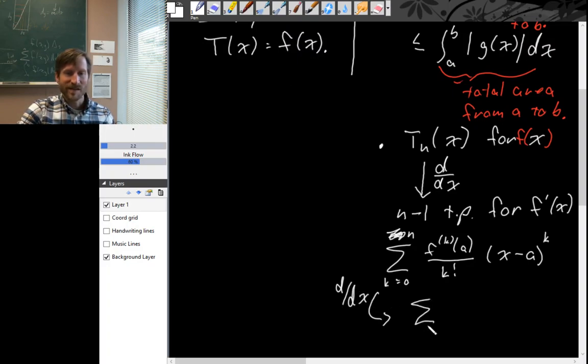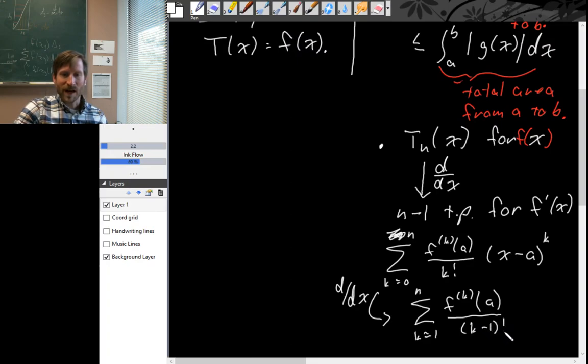What you get is the sum from k equals 1 to n, because the k equals 0 term is a constant and the derivative gets rid of that constant, of the kth derivative of f at the base point, over, now when you take a derivative, the k in the exponent comes down because of the power rule, so you get k minus 1 factorial times x minus a to the k minus 1.